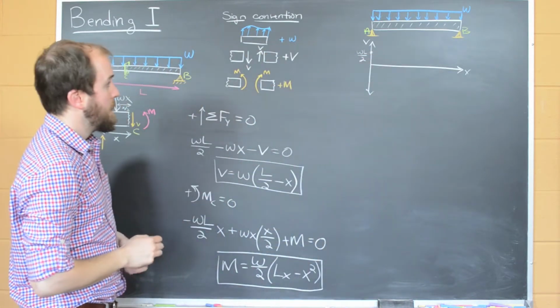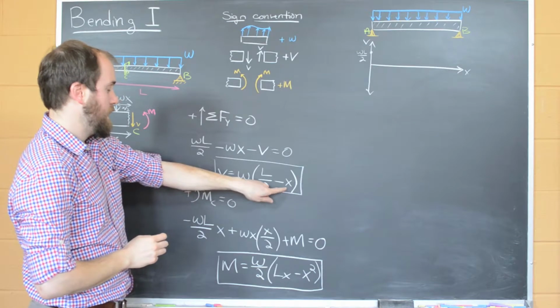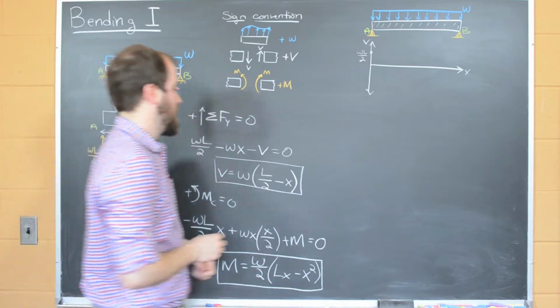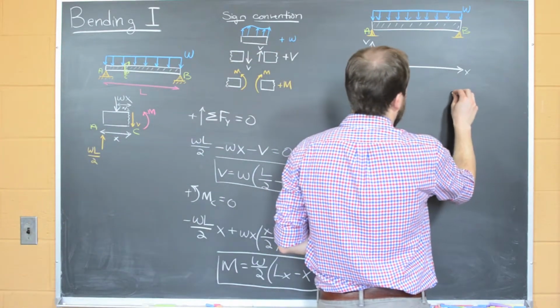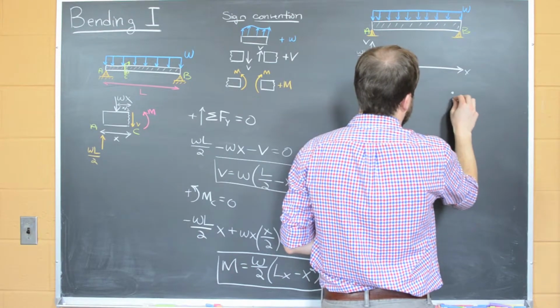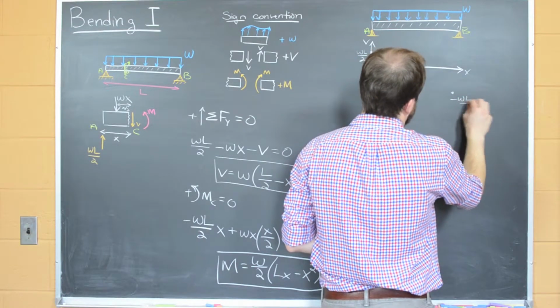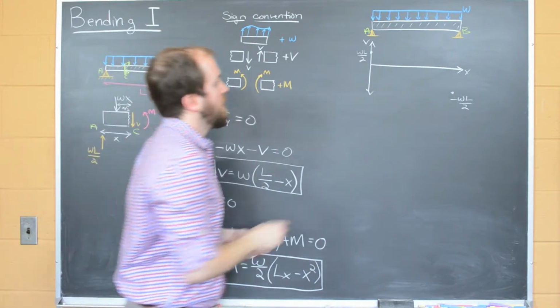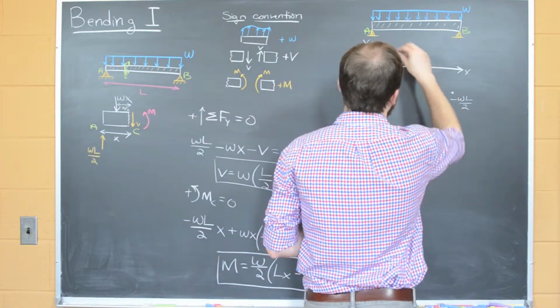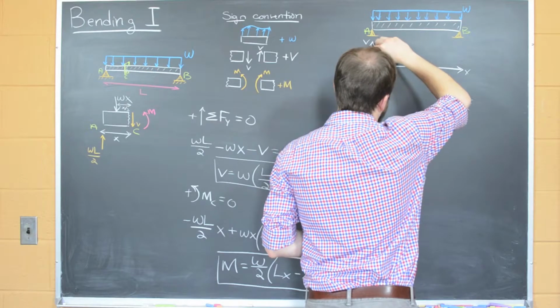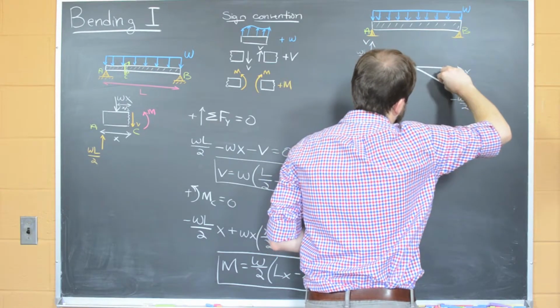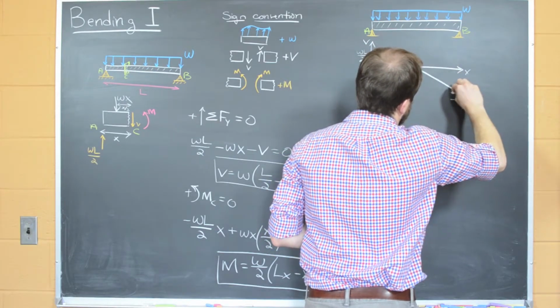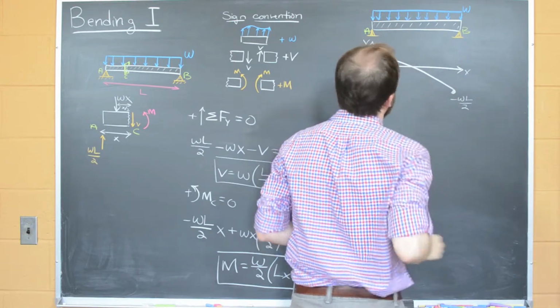And at x equals L, we're going to be at negative WL over 2. We know this thing is linear with x, and so we'll go through the center of the beam to this point here.